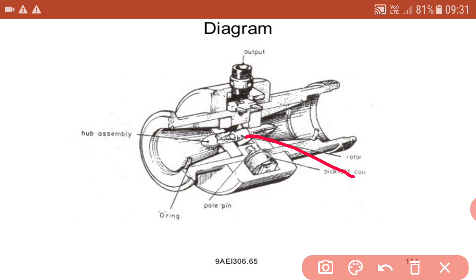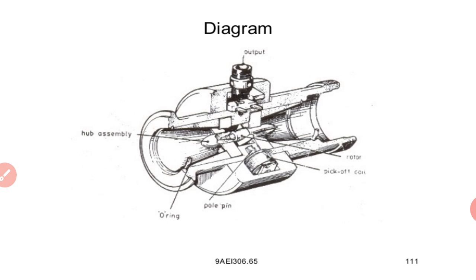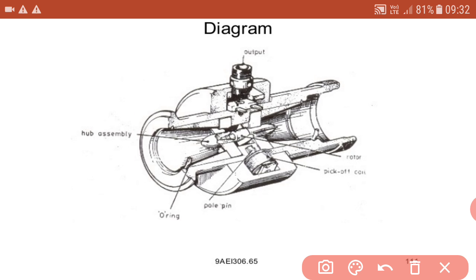This one is the rotor, and this is the hub assembly. Then here is the output. Pickup coil is here, pole pin is here. So these are the parts of the turbine flow meter.